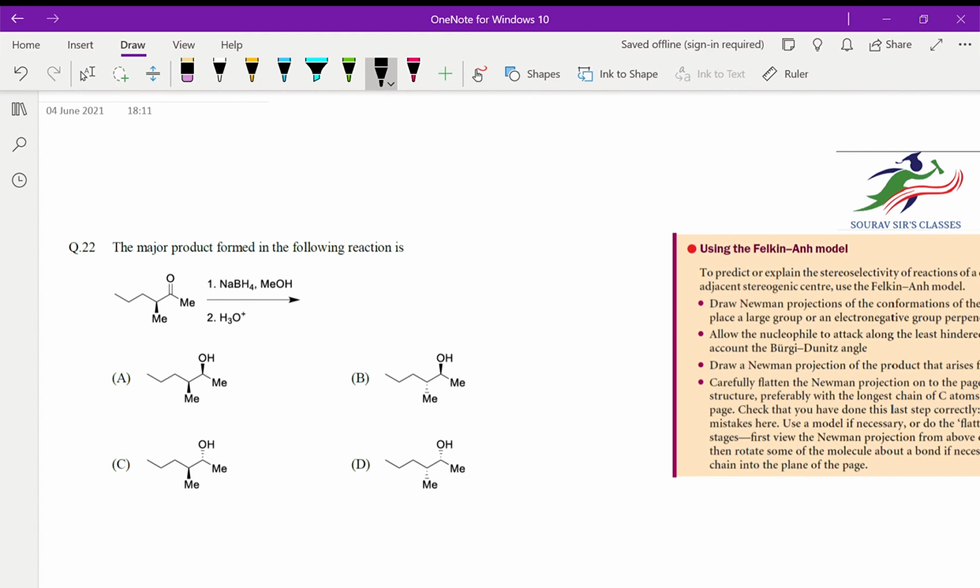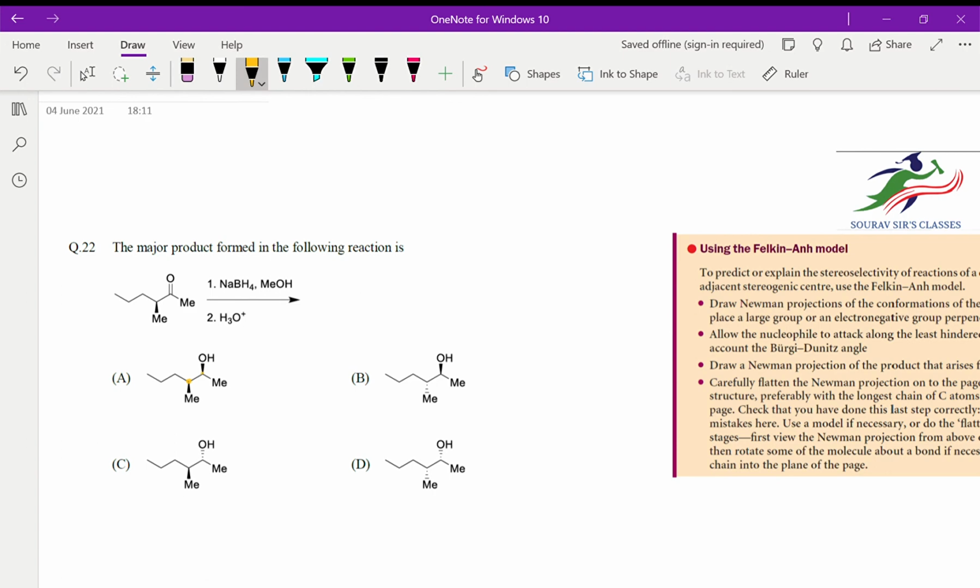let us first give the RS notations for the stereo centers. Okay, so the stereo centers are obviously over here. These are the stereogenic centers. So the first one, as you can see on the right hand side, OH is going to be 1, and on this side this is going to be 2, and methyl is going to be 3 in terms of priority.